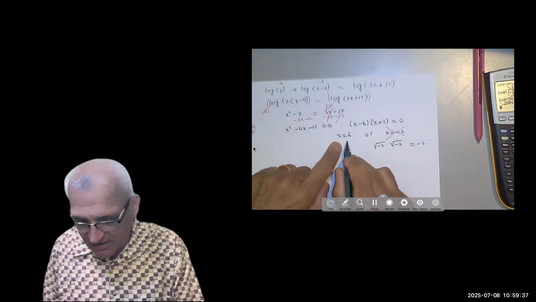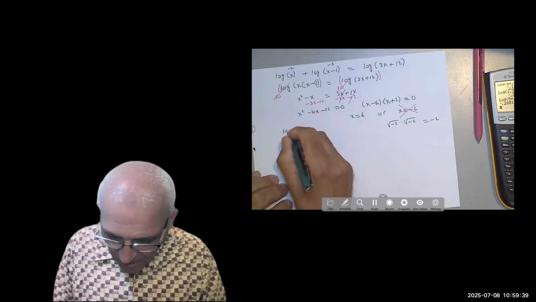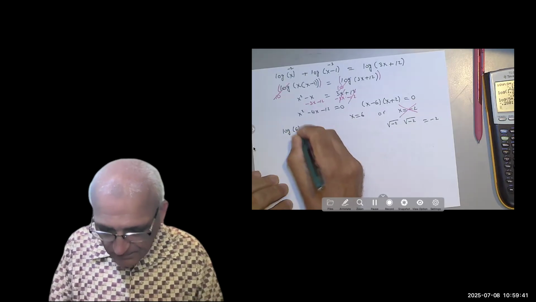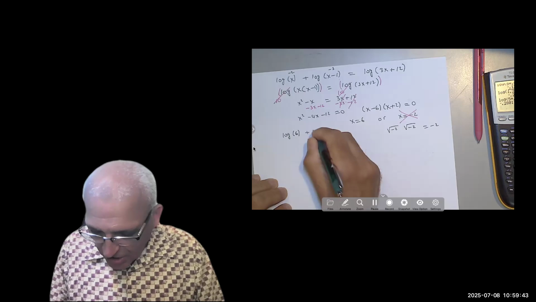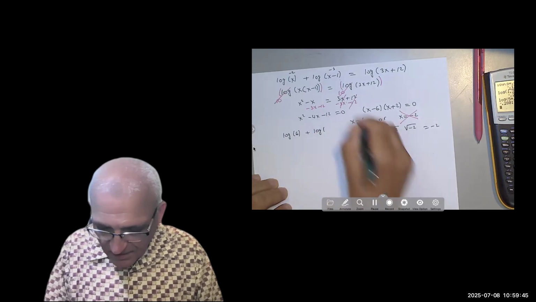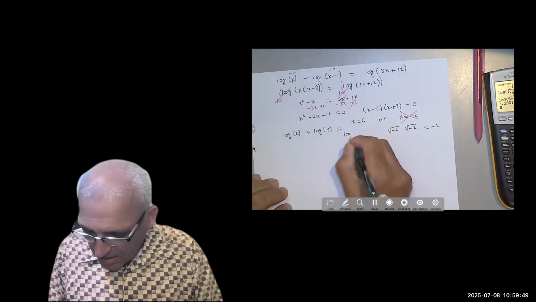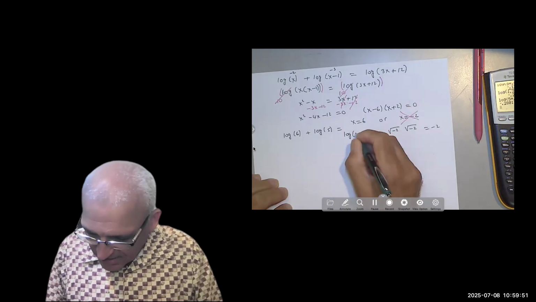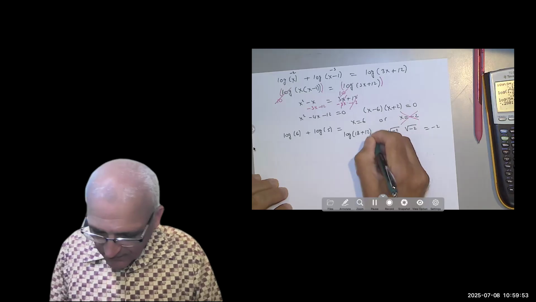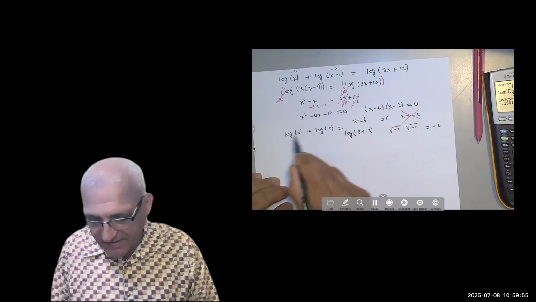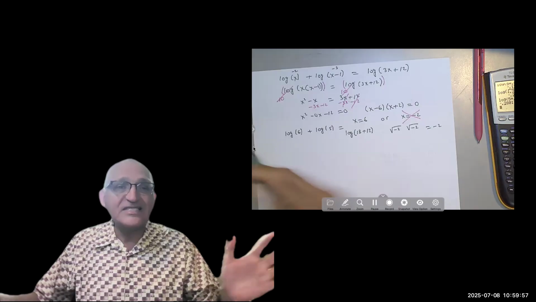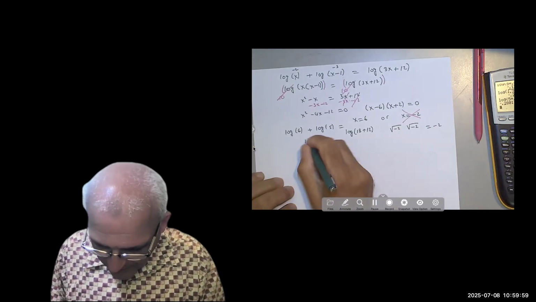But let's check the 6. It's telling me log of 6 plus log of 5, 6 minus 1, equals log of 3 times 6 plus 12. Notice that log of 6 plus log of 5 is log of 6 times 5, or log of 30.